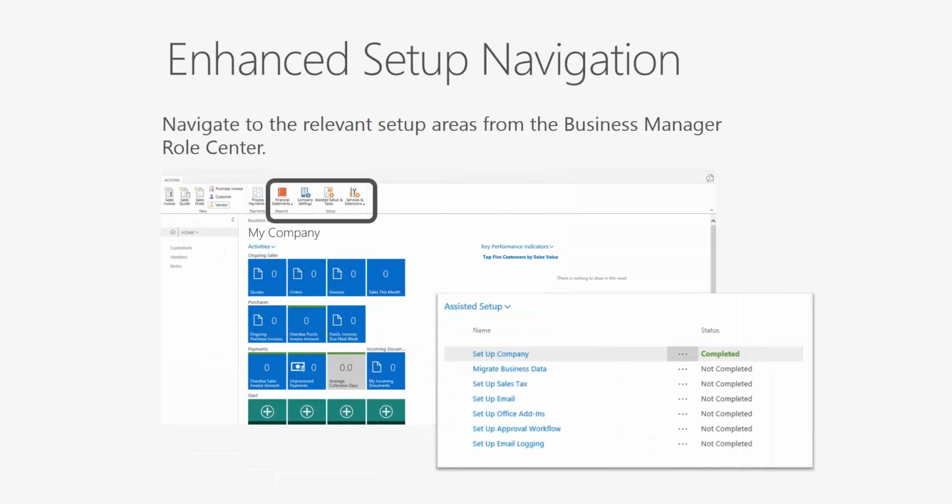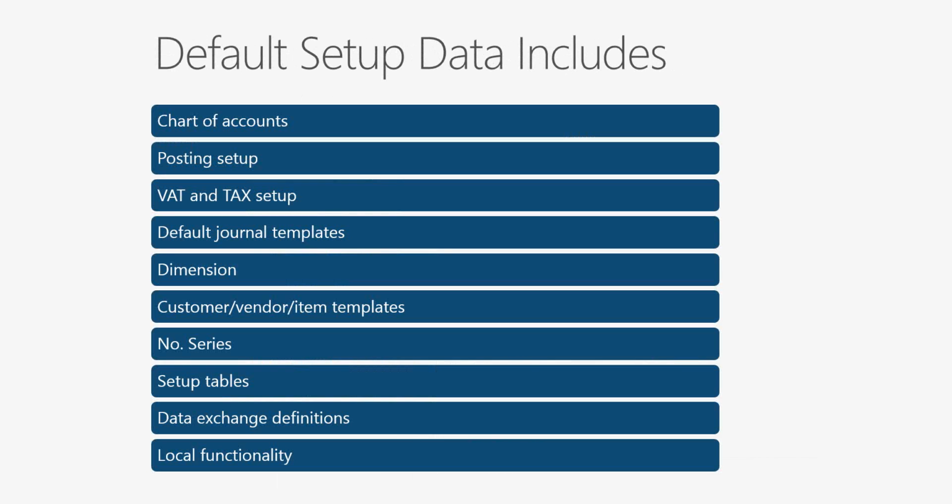There are new relevant areas for the business manager role center, with things like setting up services and extensions, the automated setup and tasks, and having buttons on the ribbon for those setups, which make it super easy to keep track of, and super difficult to forget and miss steps, which is when a lot of ERP implementations go bad, when steps get missed and things get overlooked.